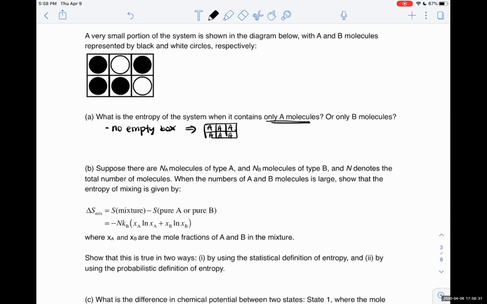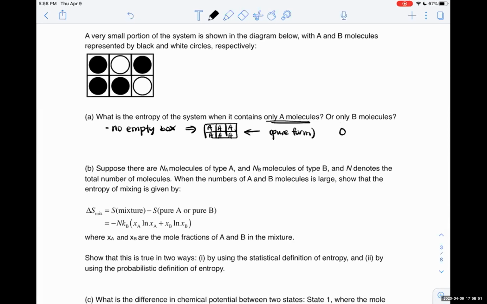And we know the entropy of the system is defined to be 0 when it is in a pure form. This is a pure form, and therefore the entropy of the system has to be 0.